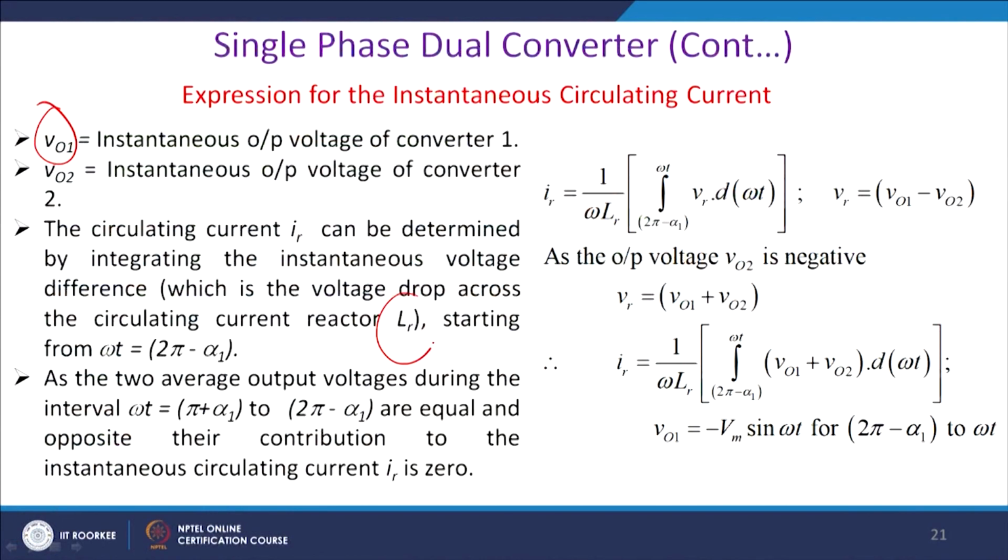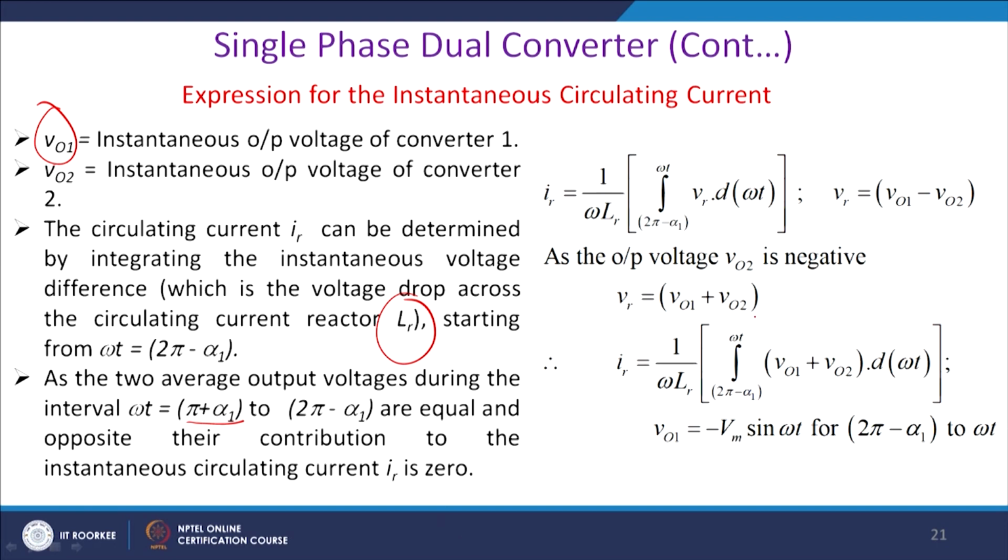Circulating current IR can be determined by integrating the instantaneous voltage difference, which is the drop across the circulating current reactor LR. So, let us start at omega t equal to 2 pi minus alpha 1, as the two average output voltages during this interval, omega t equal to pi plus alpha and 2 pi minus alpha, are positive and opposite in their contributions.